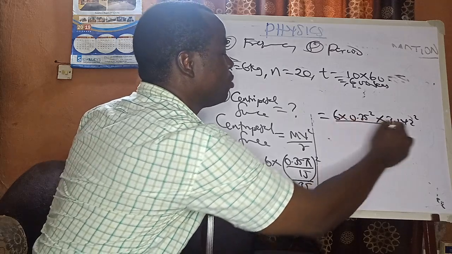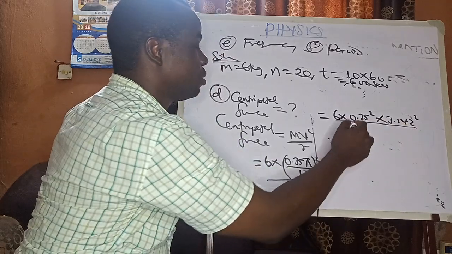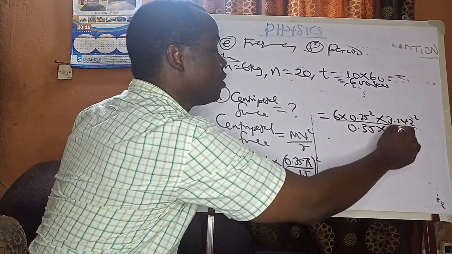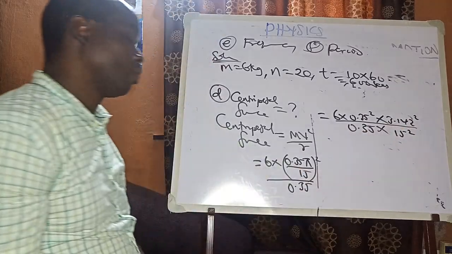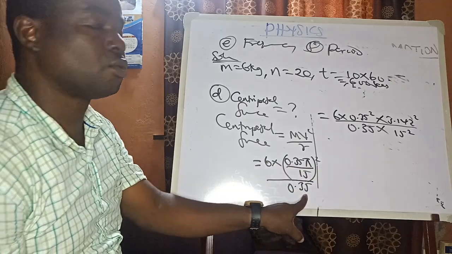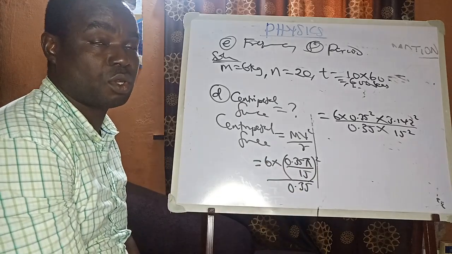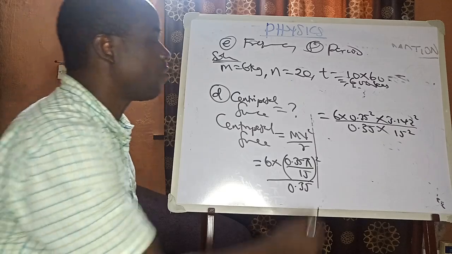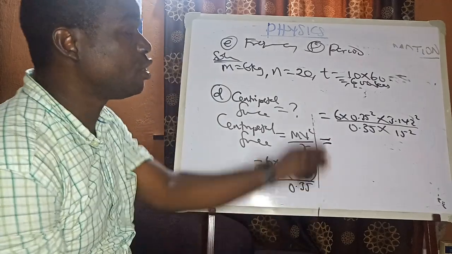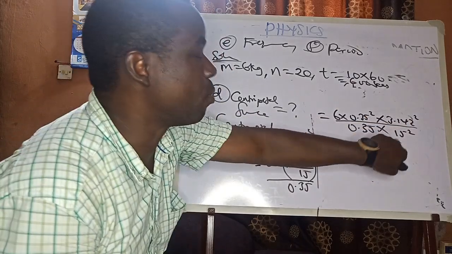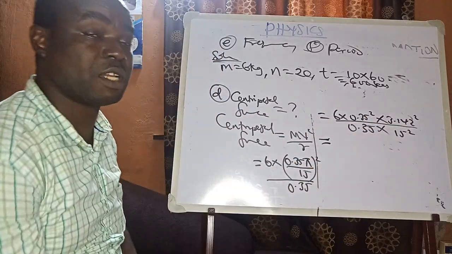Okay, so let me do it like this. There's 0.35 here times 15 squared. So this 15 squared is coming down to join this one here. If you have a calculator, do it direct, so it doesn't disturb you. So now you as a physics student, finish this up. Use your calculator, type all this, bring it down, type this one, bring it down, then divide it to get your final answer. It's a very simple calculation.